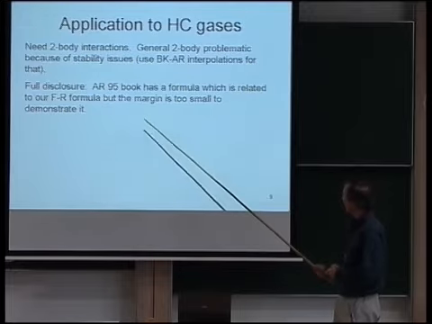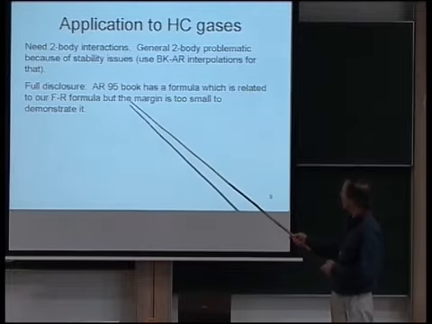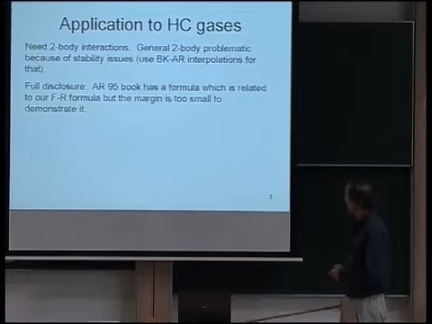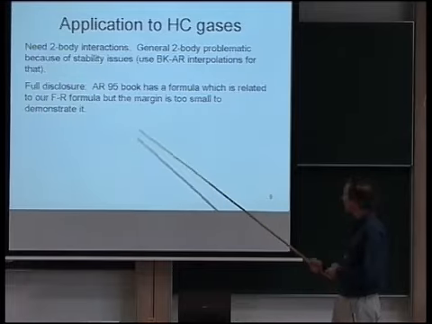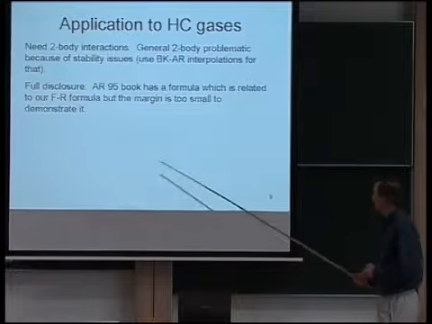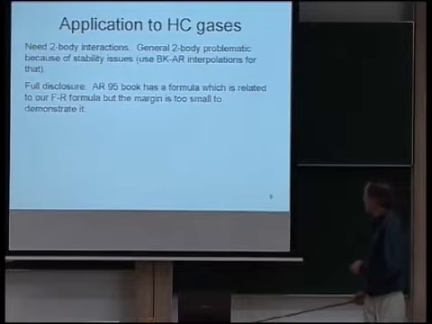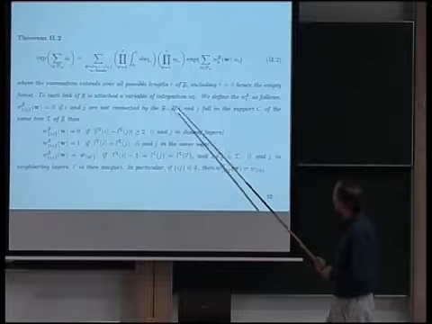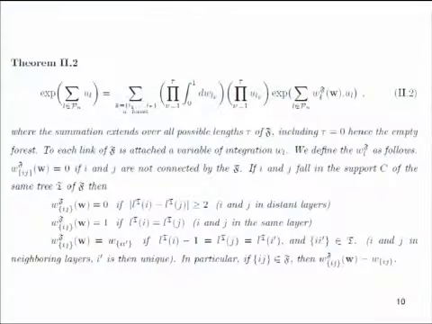Oh, by the way, there are numerous formulas in this book in '95 by Abdesselam and Rivasseau, and one of those in particular is related to this interpolation formula I gave, but unfortunately the margin is too small to demonstrate it.